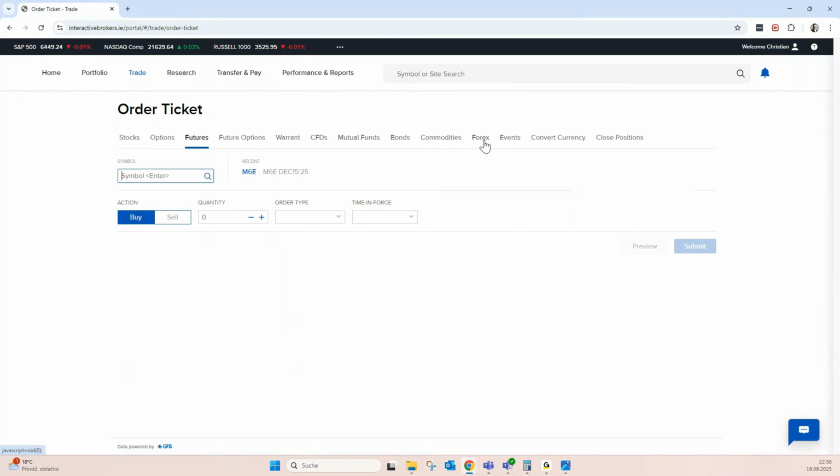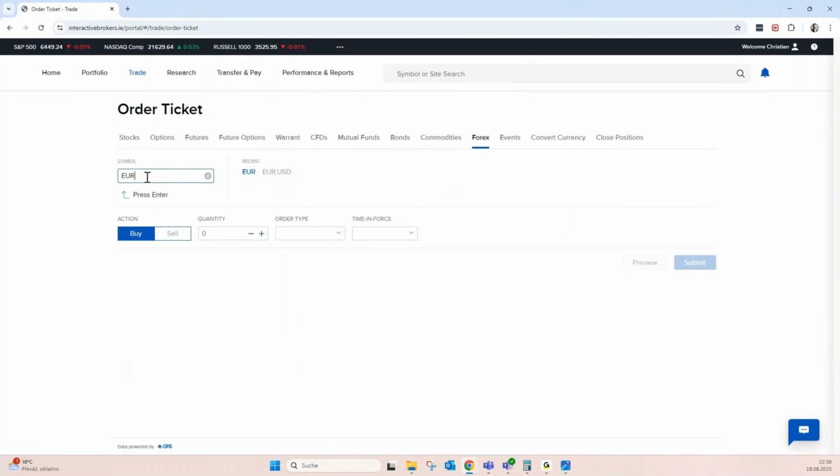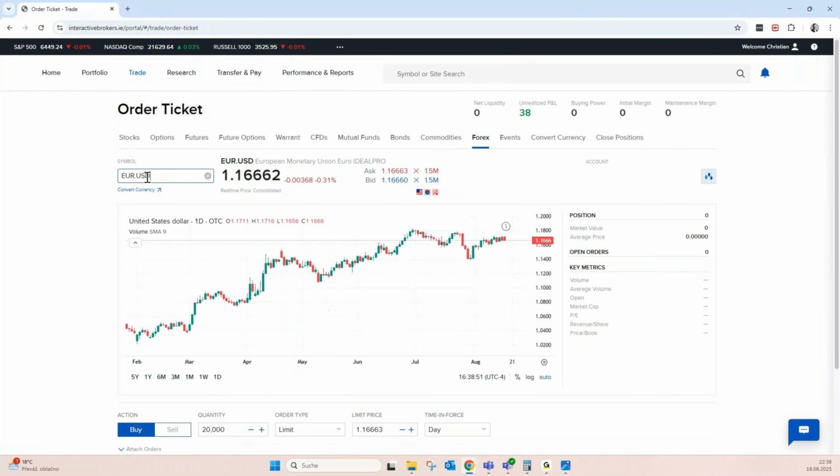Let's do an example. I think for the Forex, it's quite easy and simple. If we click here and we choose just Euro USD, and we want to do an example for 20,000 US dollars. Let's say we have an investment of 20,000 US dollars that we want to hedge against an increasing euro.